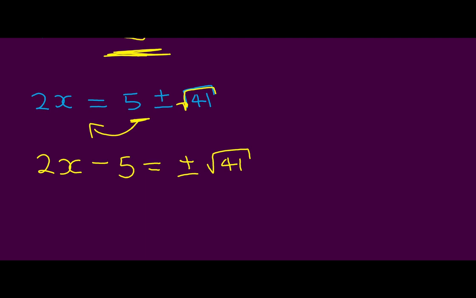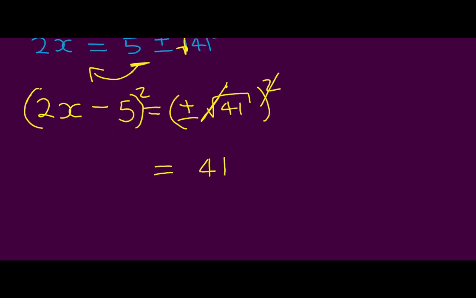What you do on the left, you must do on the right. I've squared both sides, and then when I square both sides, these cancel, and we have 41 this side. Very interesting.